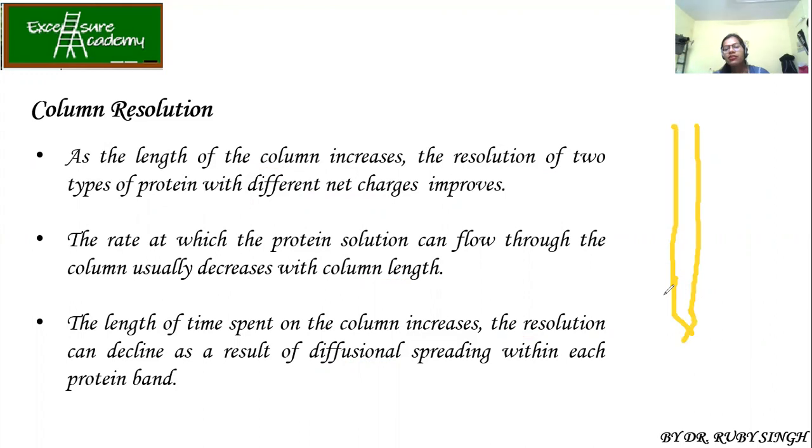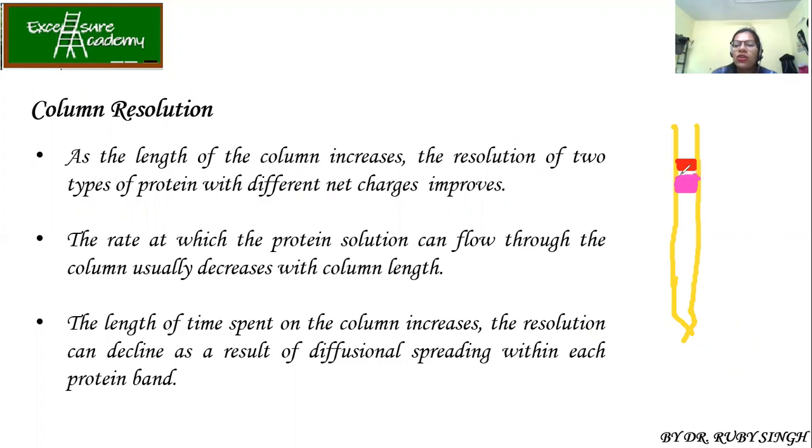But if you keep the flow rate very slow, what happens is, let us say this is a protein and this is another protein. They are moving according to their molecular mass. Now, if you keep the flow rate so slow that the proteins are moving very slowly, they try to get merged.